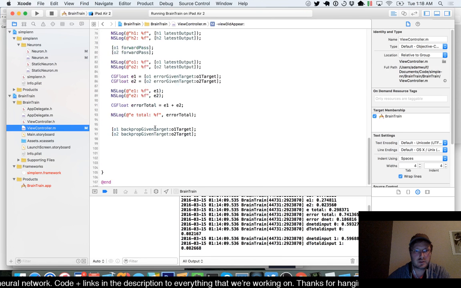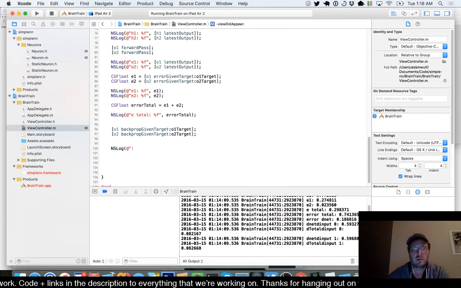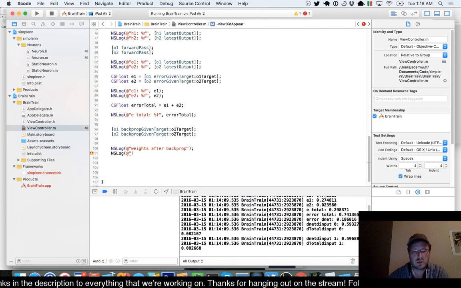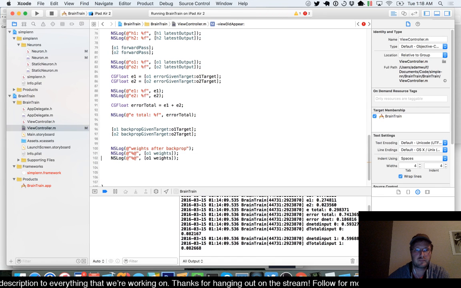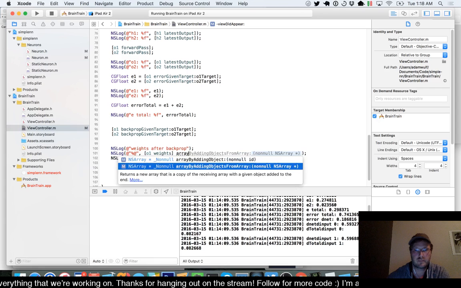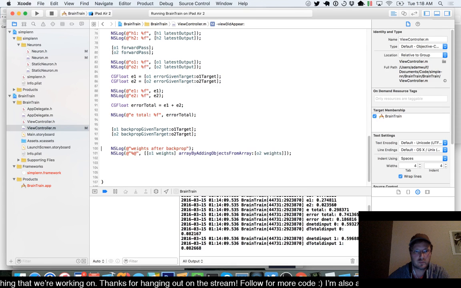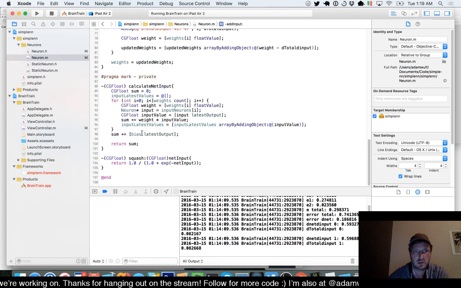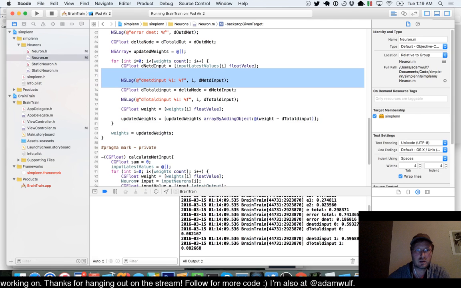And so then this way we can see the weights after back prop. Let's do all of them like that, right? So there's our 4 weights. And so then now let's go here. I can kill all of these logs because I don't need them.